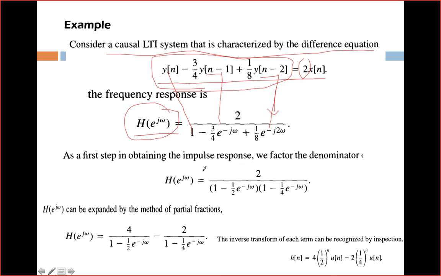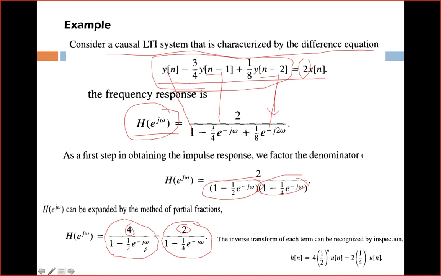When I decompose this, I will get 4 by 1 minus 1 by 2 e power minus j omega minus 2 by 1 minus 1 by 4 e power minus j omega. You have to find these values by decomposing the signal into A by the first term plus B by the second term, equating with the result and finding the A and B values. The A value is 4 and the B value is minus 2.